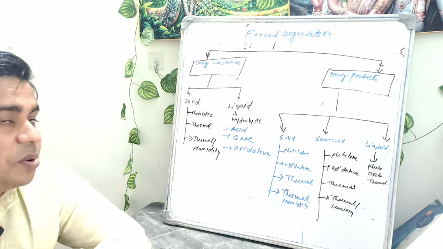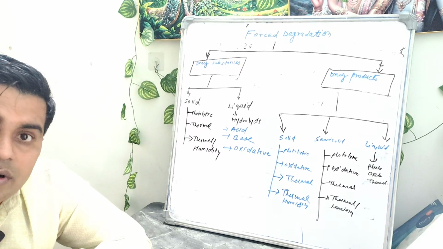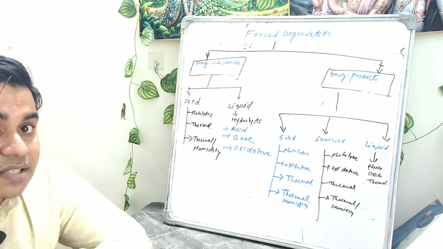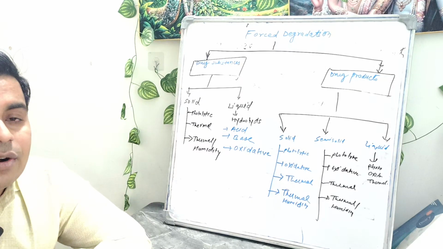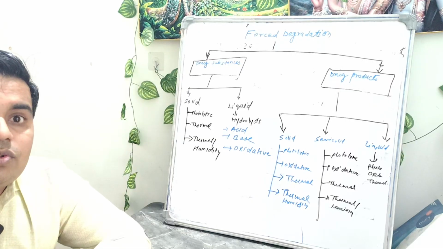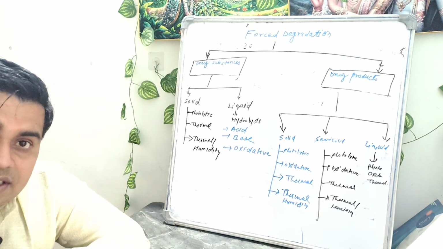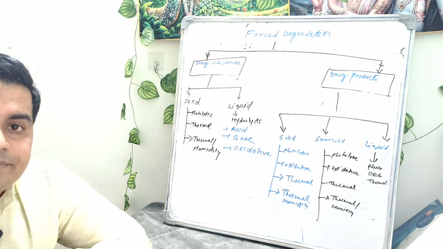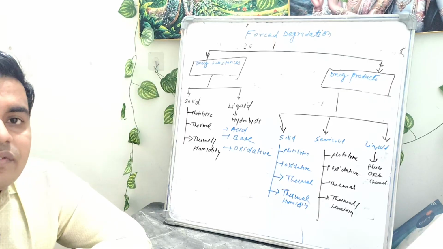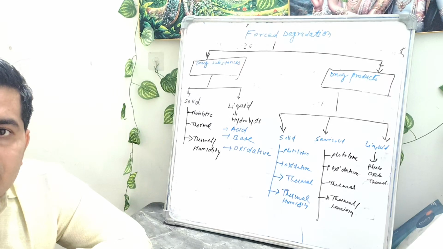This is all about forced degradation: its overview, its types, how they work, how they are calculated, and their role in drug substances and drug product. Hope you are enjoying the session and learning this very important topic. It is also mentioned in ICH Q1A to Q1F for stability data analysis of drug substances and products and evaluation of their data. Based on this study, we access the possible degradants and stability of any compound.